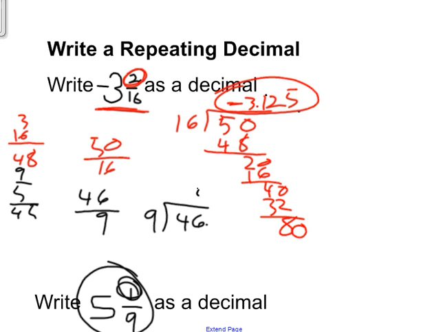Well, 9 into 46 will go 5 times, that's 45. 9 will go into 10 1 time. And I can see that it's going to be a remainder of 1 each time, so it's going to be 5.1 repeating. So 5 1/9 is 5.1 with a bar over the 1 because it repeats.